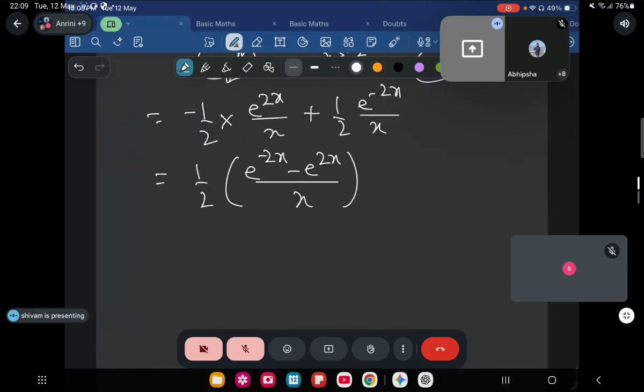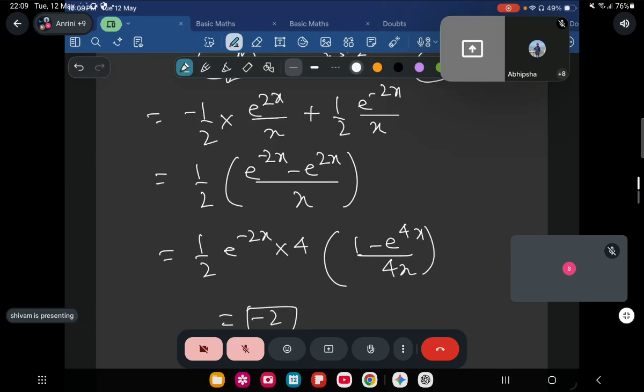Yes or no? So we'll again take e to the power 2x common, e to the power minus 2x common. And then we are going to multiply and divide by 4. So multiply by 4, and over here, 1 minus e to the power 4x upon 4x. So this will give us minus 2.